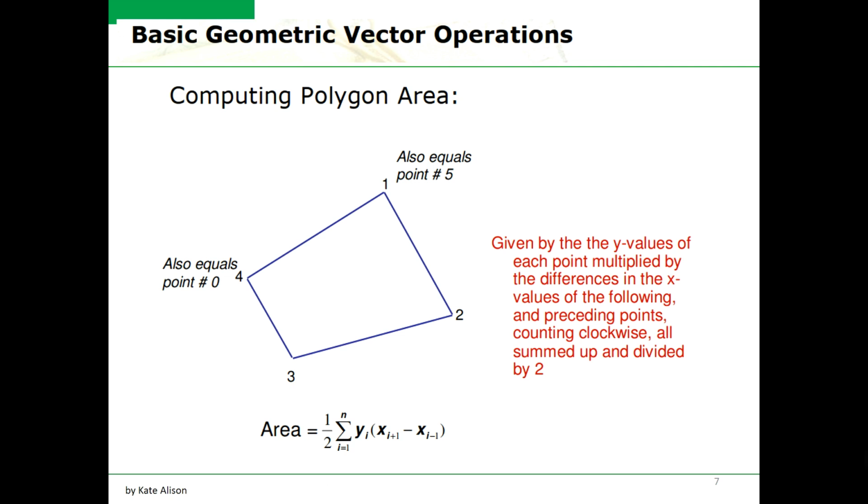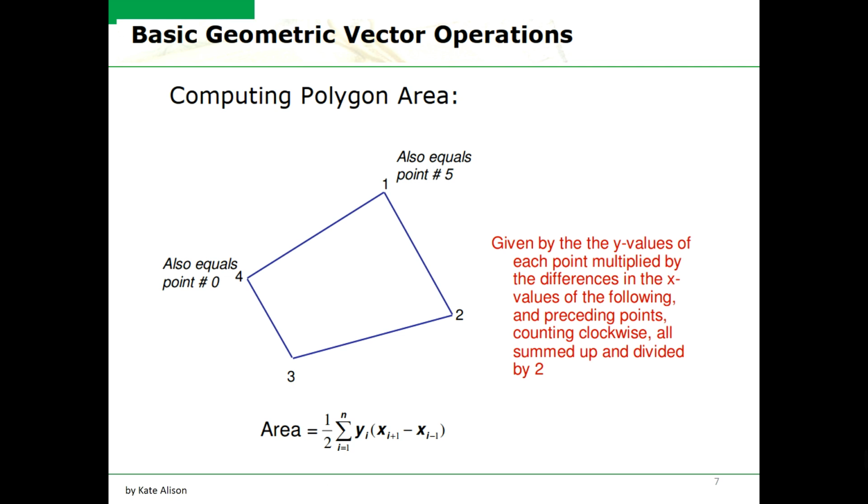Each of the points in our polygon has distinct coordinates x and y, and the area is given by the y values of each point multiplied by the differences in the x values of the following and preceding points, counting clockwise.